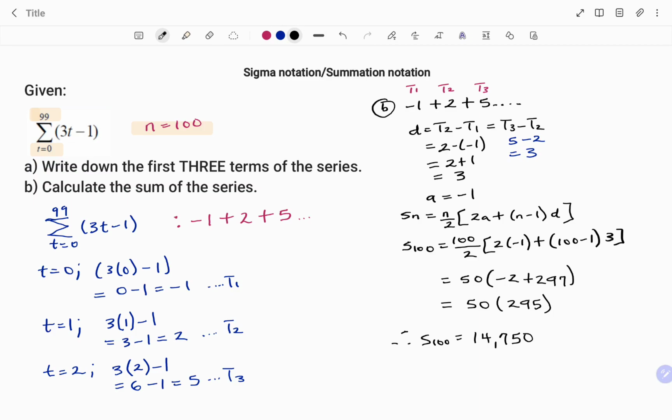For the second example, we have: evaluate the sigma notation, or the summation, of 2n minus 4, where n starts from 4 and ends at 70. We need to find the value of our series, that is the value of each term. And we do that by calculating from n equals 4.